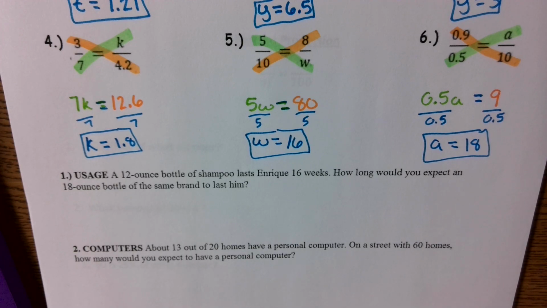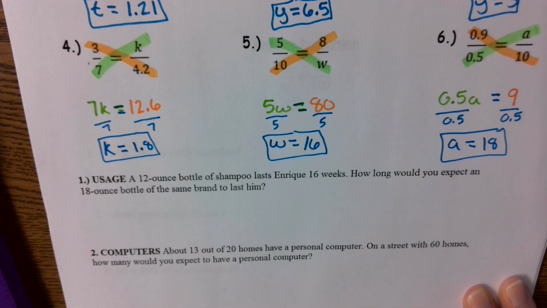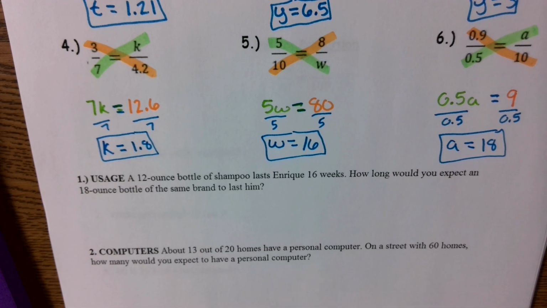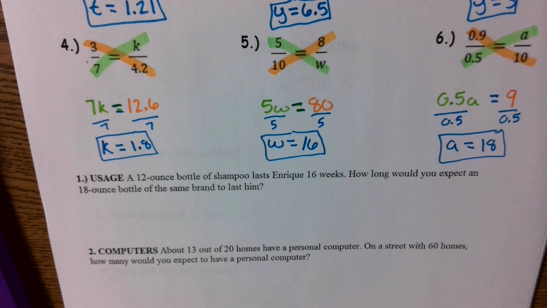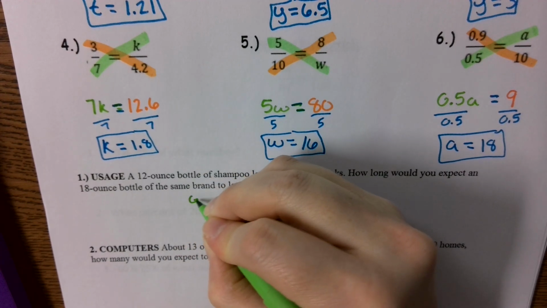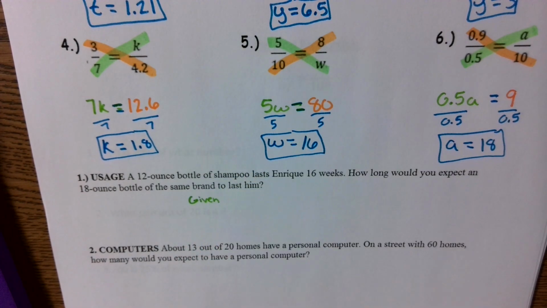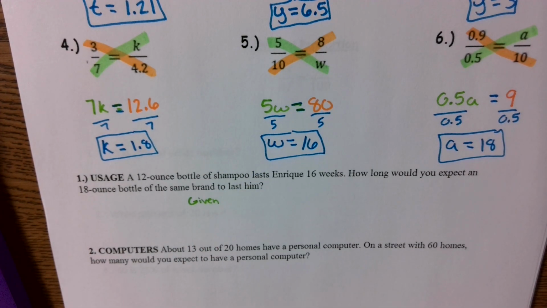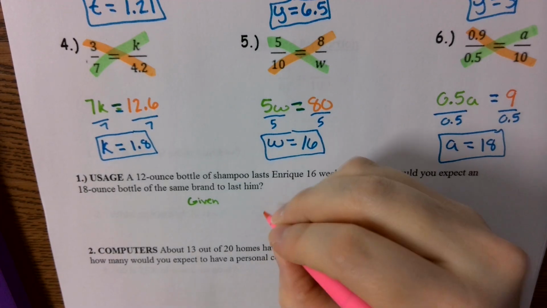Okay, so when you are setting up your proportion, you're essentially setting it up as the information that is given to you versus the information that you are being questioned about, so what the question is relating to.